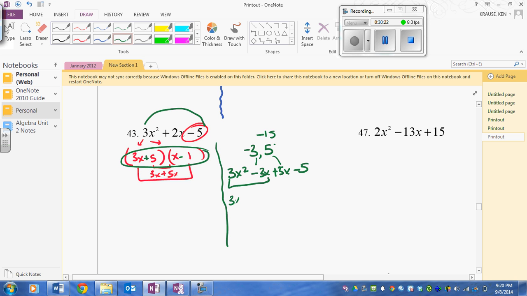So I take out a 3x and I'm left with x minus 1. I take out a 5. I did that wrong again. Take out a positive 5 and I'm left with x minus 1. So your two sets of parentheses are x minus 1 and 3x plus 5.